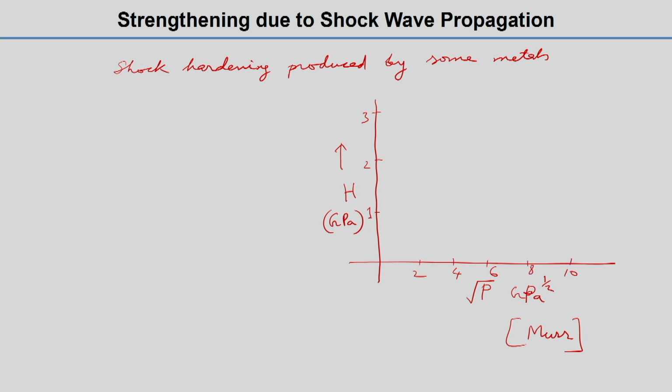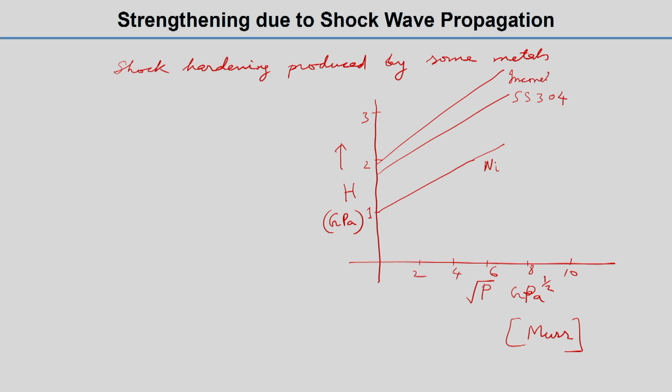So what happens if you have nickel? Nickel will look something like this. This is nickel, and then stainless steel 304 will look like this, and then let us say Inconel 600 will look like this.